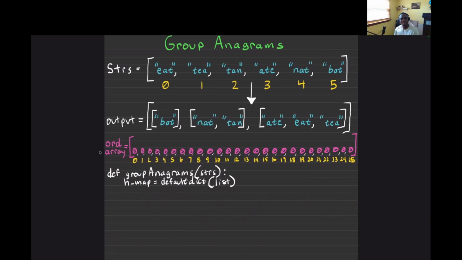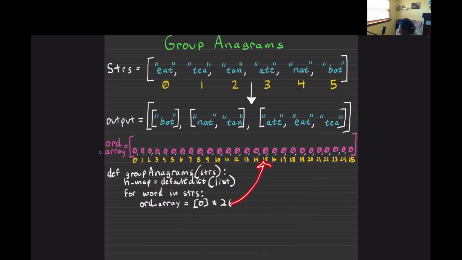Because we need the values to be a list type. Okay, and then next, we need to iterate through the given input. So we'll say for word in strings, we'll go ahead and define this ord array. So ord array is equal to 0 times 26, and that's this right here, okay?